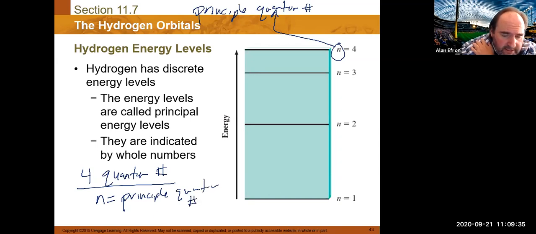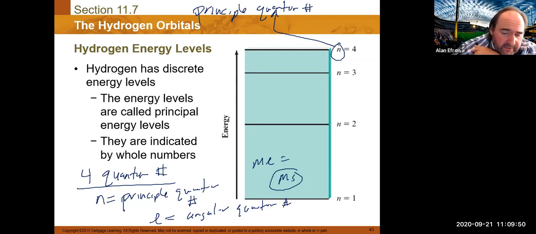l is the angular quantum number. There's something known as m sub l, which is the angular momentum quantum number, and there's something known as m sub s, which is the spin quantum number. So m sub s, m sub l, l, and n are the 4 quantum numbers.